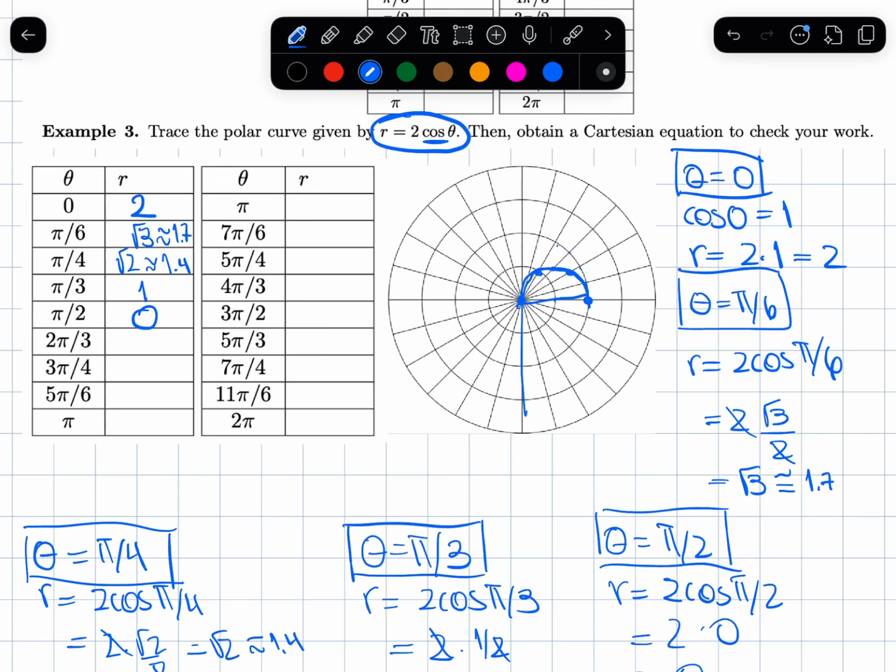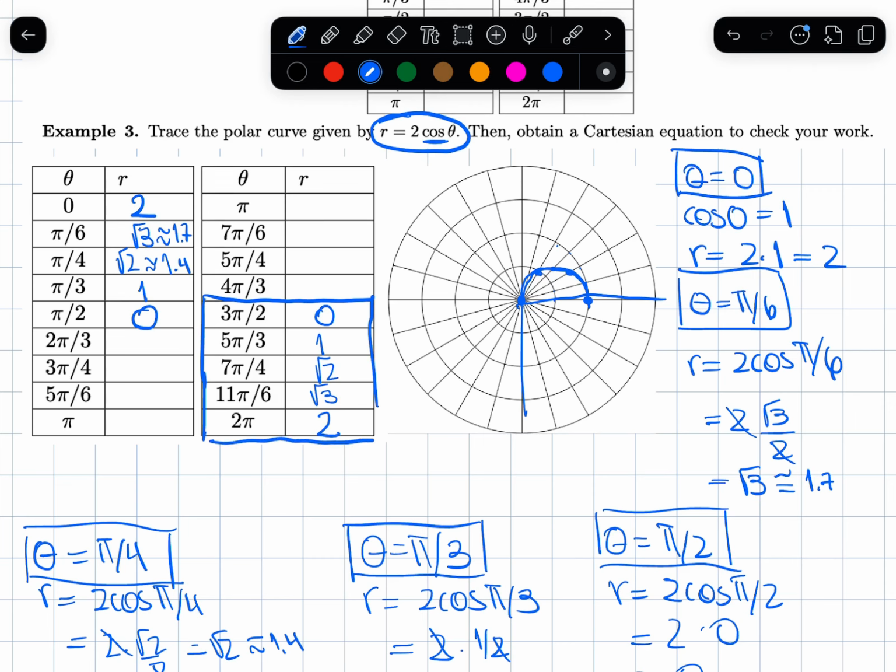So whenever I'm here on the 4th quadrant, which would be this part of the graph, I'm going to get the same values, but now backwards: 0, 1, root 2, and root 3. Have I skipped something? Yes, I've skipped the 2 right here, so I'm going to fix that.